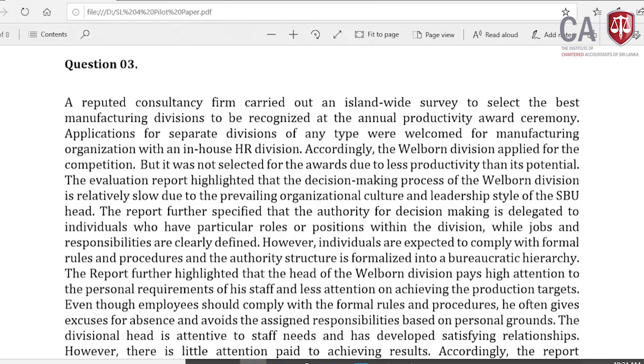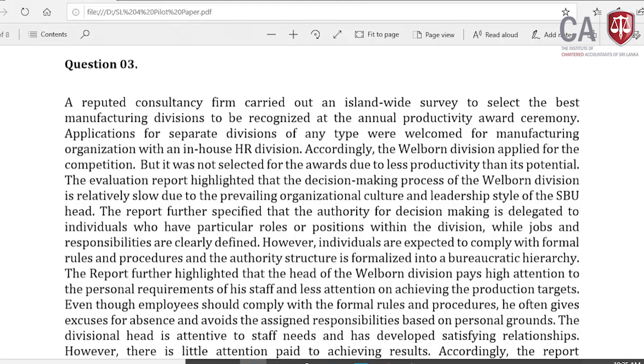So, there is a consulting firm carrying out a survey to select the best manufacturing divisions to award some annual productivity awards, right. So, well-born decided to apply for this, but it was not selected for the award due to less productivity than its potential. What has happened? They have not selected for the award due to less productivity than its potentials.